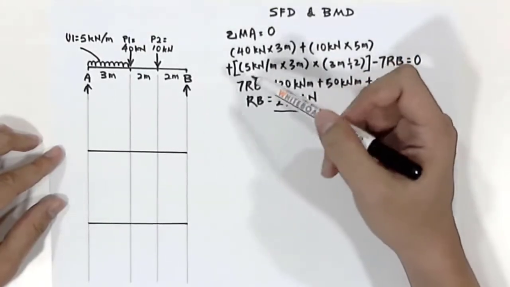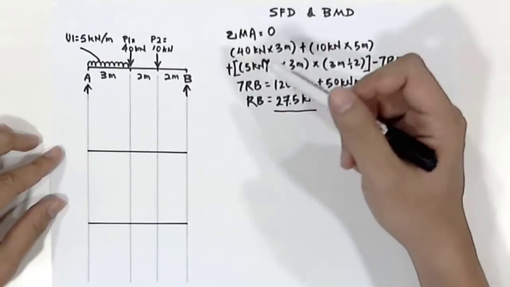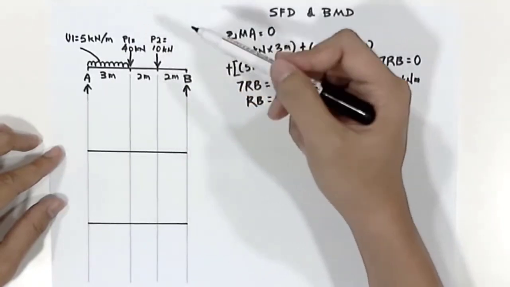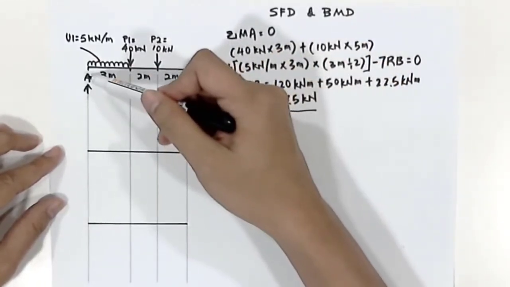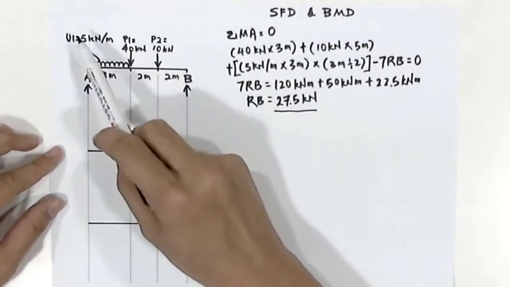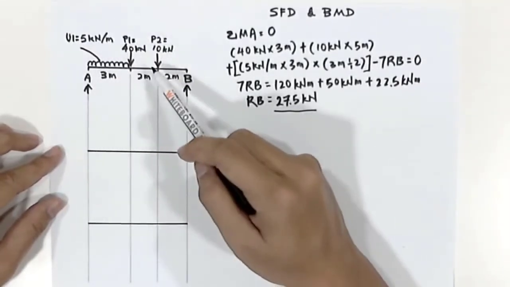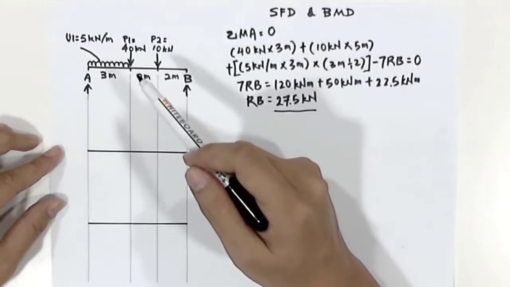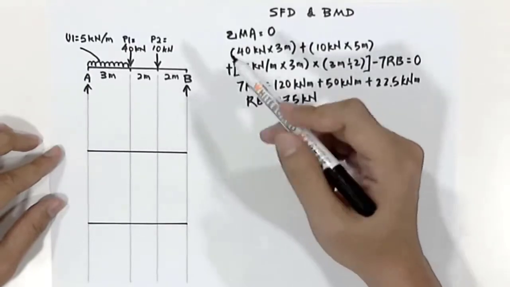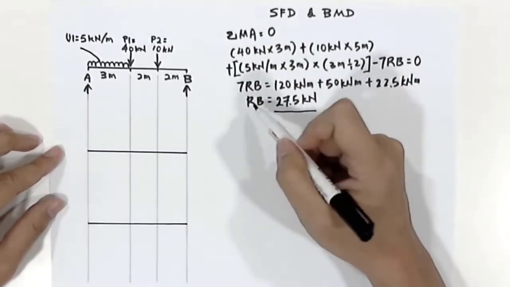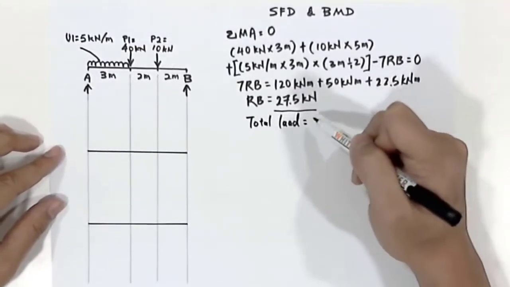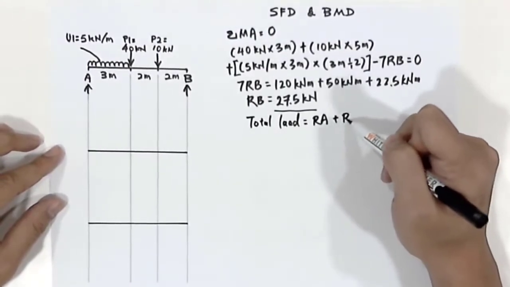Based on the equilibrium theory, we know that whatever load is acting on the beam will be counter-reacted by the reaction forces from support A and B. Therefore, the total imposed load on this particular beam equals reaction force A plus reaction force B. Therefore we know that total load equals RA plus RB.